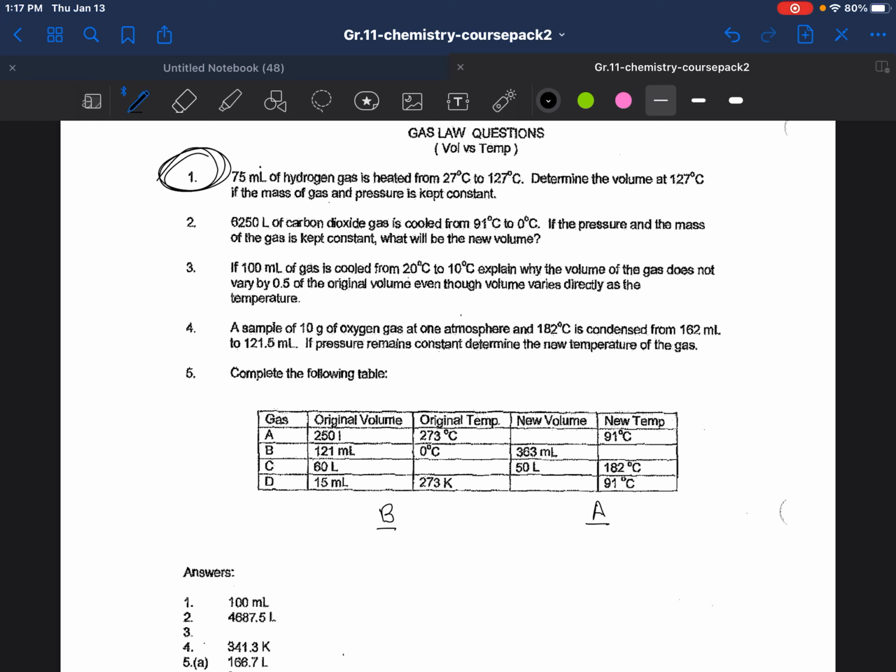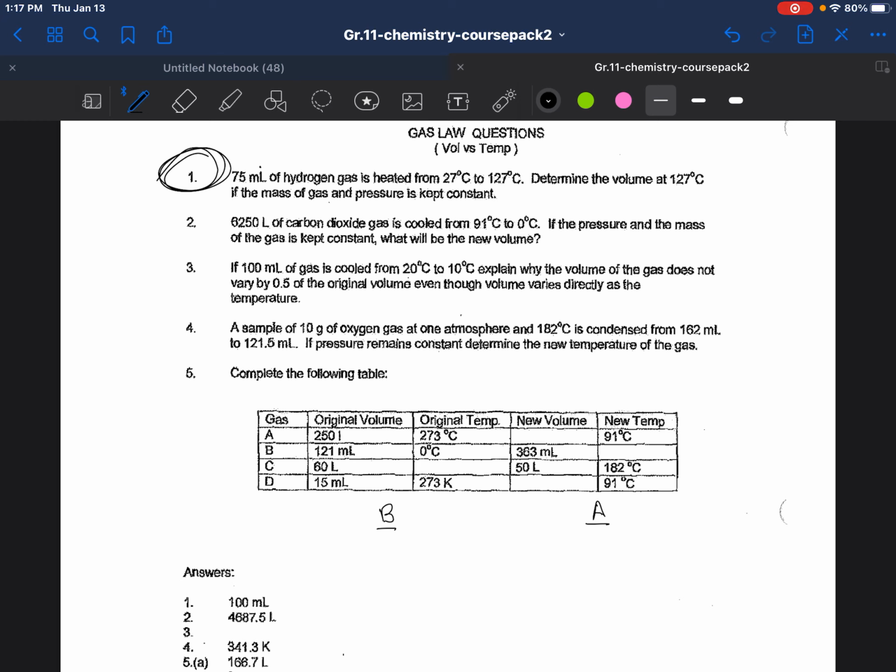It says 75 milliliters of hydrogen gas is heated from 27 degrees to 127 degrees. Determine its volume when it's 127 degrees. So this is a Charles' law type of question. You remember Charles' law, it says that volume and temperature are proportional.